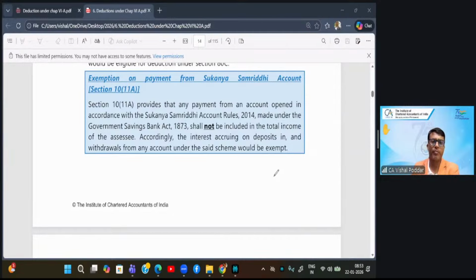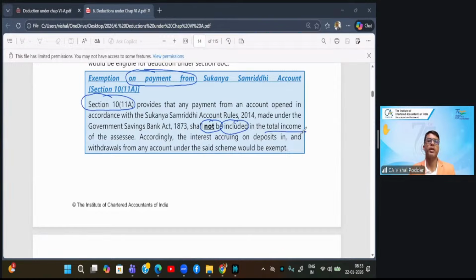What is the second part? Today you are depositing money in that particular account. When you will be withdrawing from that account, what is the taxability? So whenever you get payment from this account in future, when your investment is completed and you are withdrawing the money, at that time section 10(11A) says that the amount withdrawn will not be included in your total income.